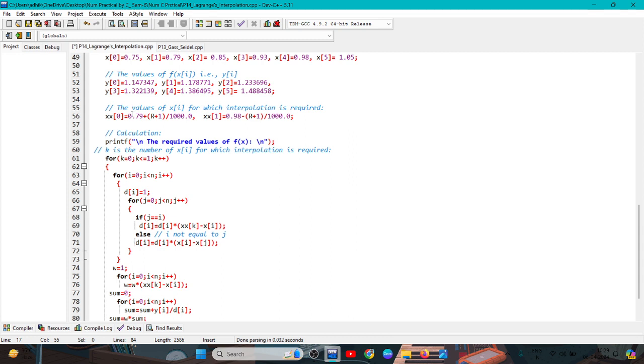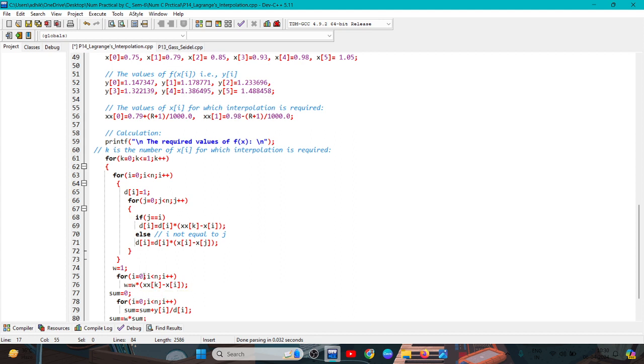This is the value of 0.79 plus r plus 1 divided by 100, is x minus x0. So x minus x0, when i equals 1, this previous w is x minus x0 into x minus x1.